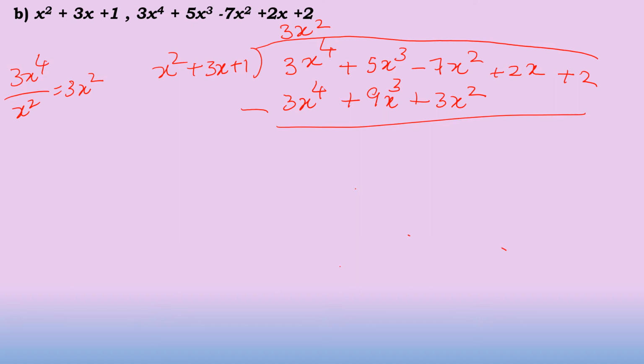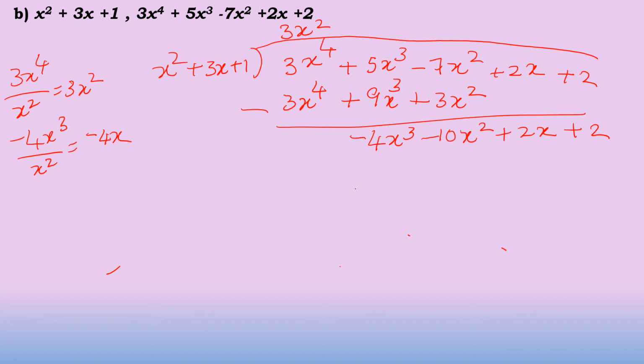5x cube minus 9x cube will be minus 4x cube. Minus 7x square minus 3x square will be minus 10x square. Bring down the x term. So you get 2x plus 2. Now continue division. Minus 4x cube divided by x square will be minus 4x.